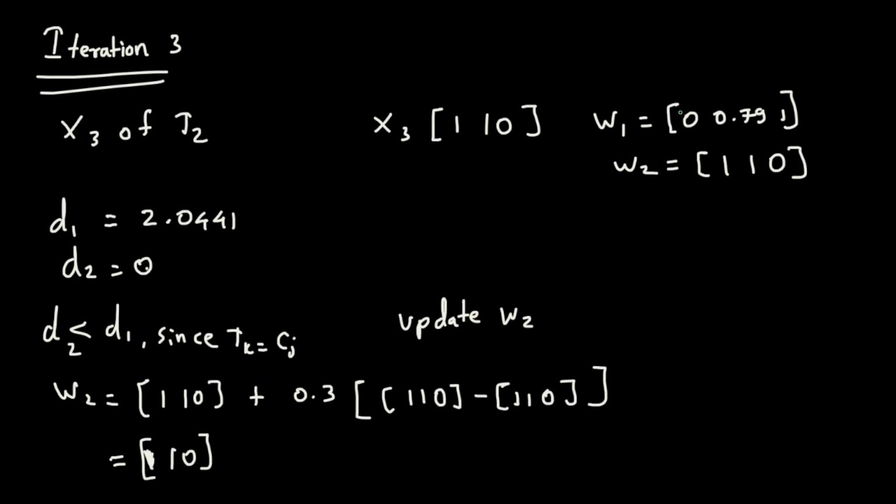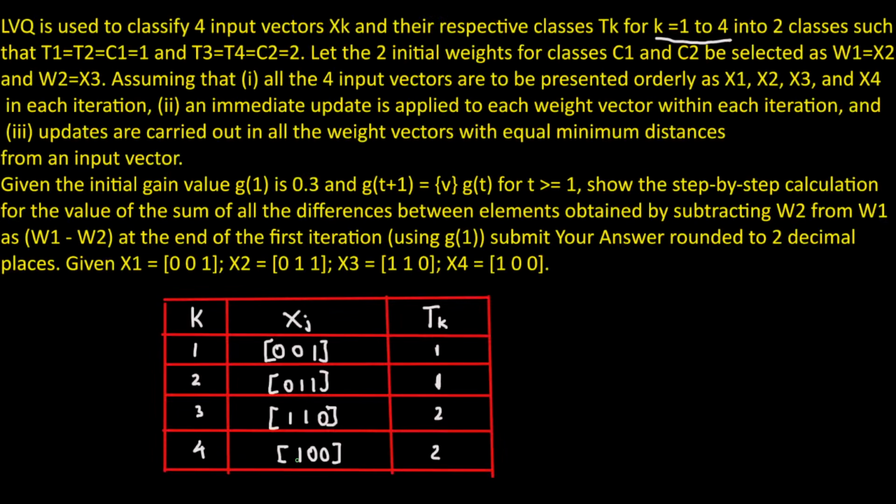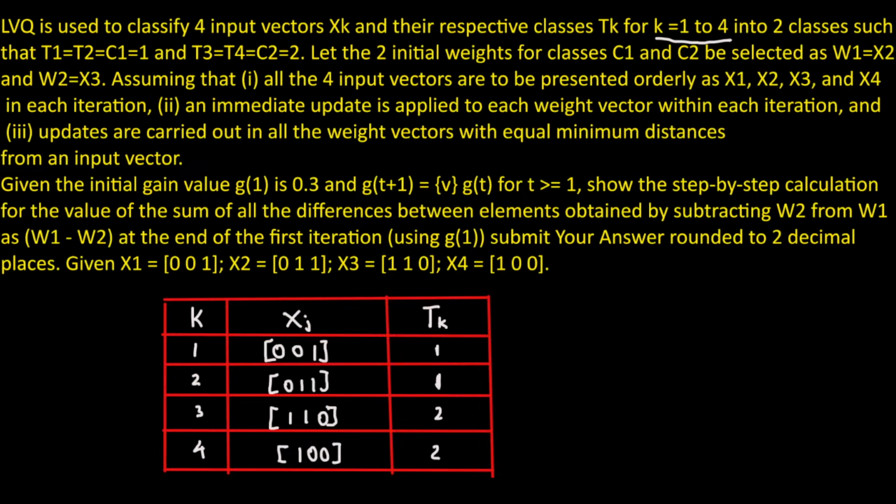Then the next, we go to the next iteration number 4. Here, look at the table, x4 of T2. And then we have to bring the x4 value, which is 100.